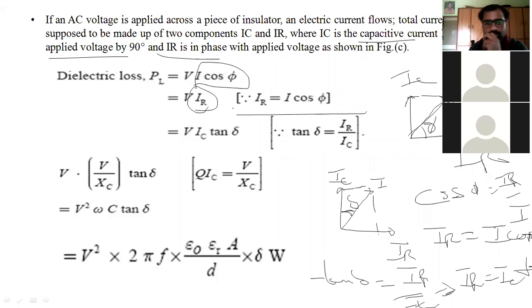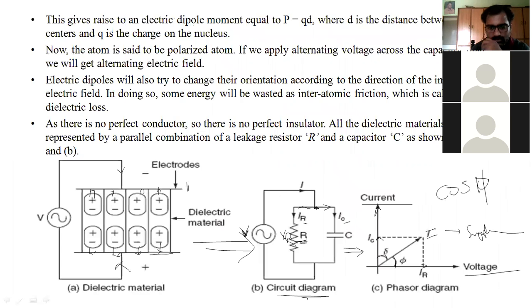So all we know, when coming to this circuit diagram, this is a resistor, and we are going to consider the reactance of the capacitor XC.